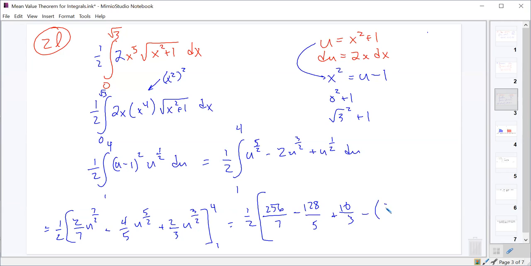And then we'd have minus 2/7 when we plug in the 1, minus 4/5, plus 2/3. And I don't know, that comes out to be something when you evaluate it all out. But that's the calculus part, at least.